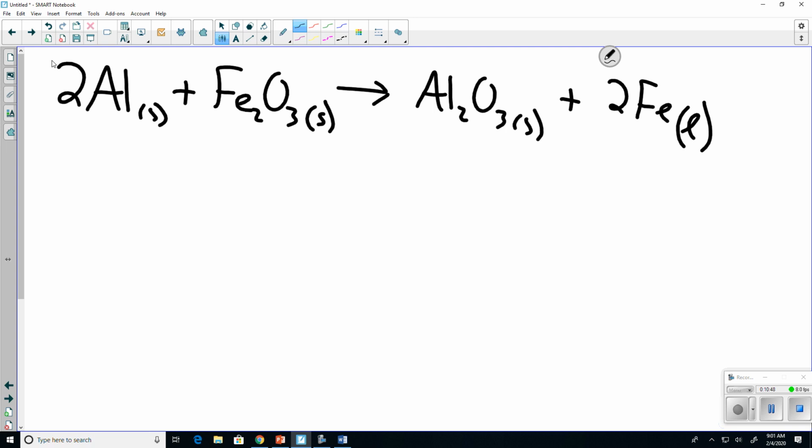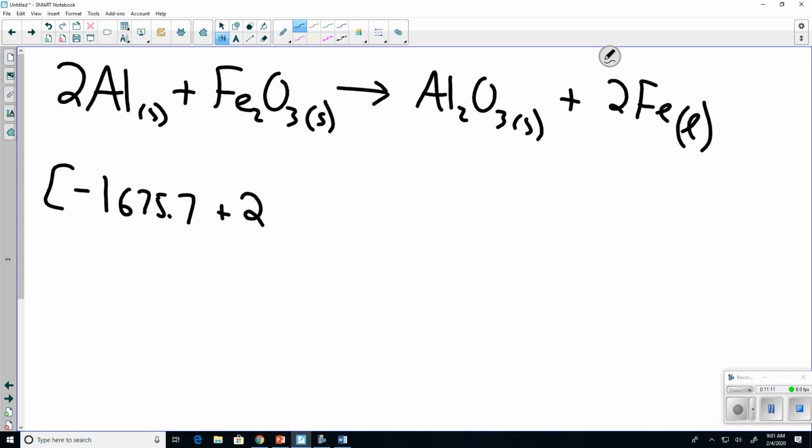So what I would do is look up the values for these different things, but now since it's heat of formation, it's products minus reactants. If I look up the Al2O3, that gave me a value of 1675.7. Again, everything here is kilojoules per mole.